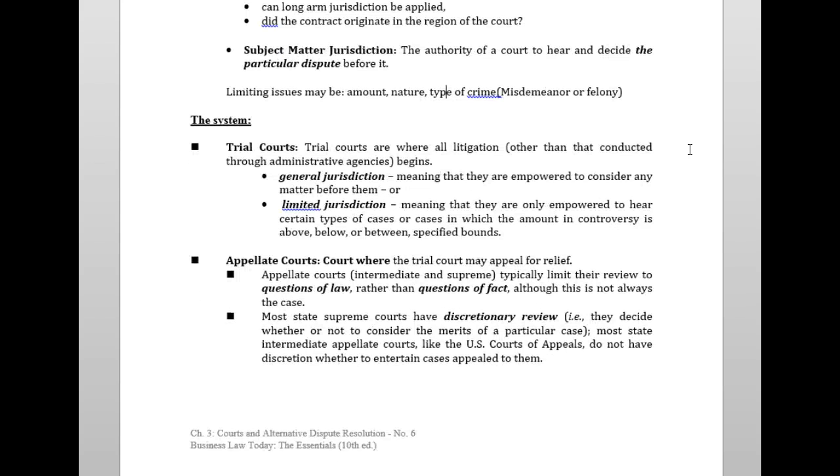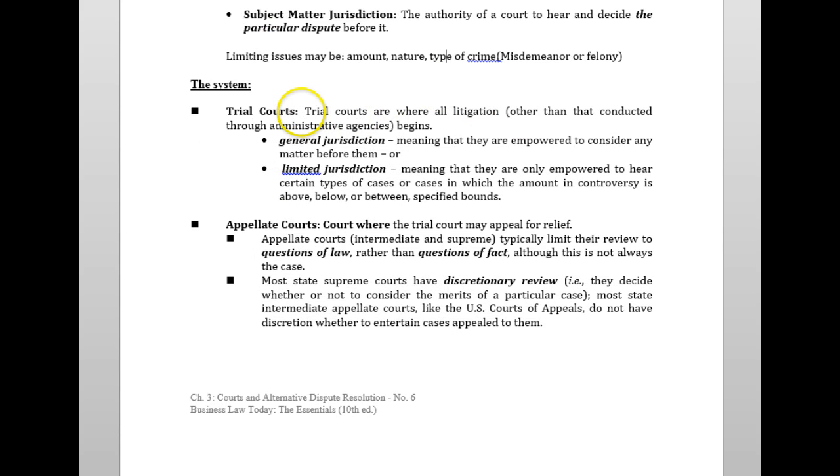Now, in a state system, you have trial courts, and they will either have a general jurisdiction, which means they're empowered to consider anything before them, as long as they're within that region, or they can have a limited jurisdiction. And this would be, you may have family courts, you may have juvenile courts, which would be limited jurisdiction. And that would come from the subject matter here.